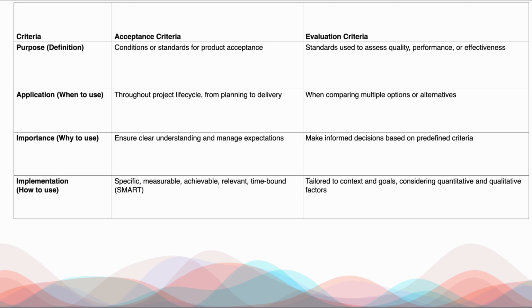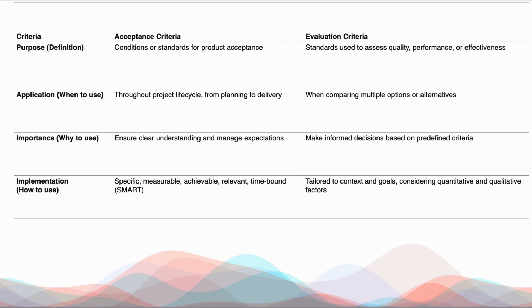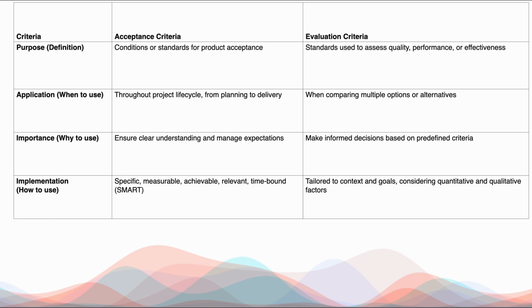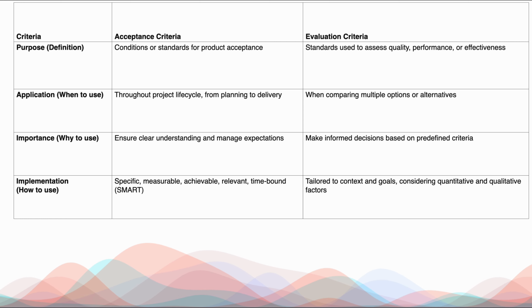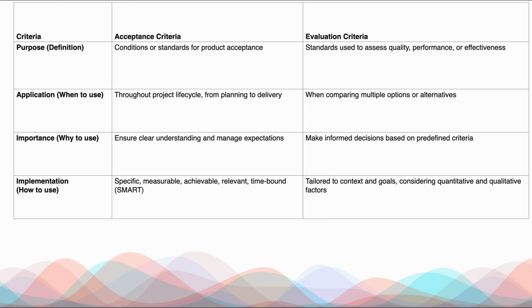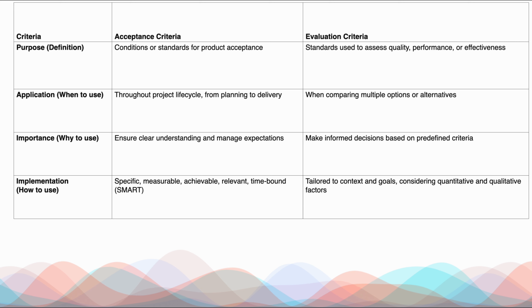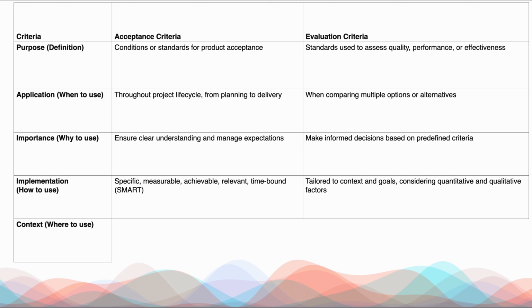Tailored to context and goal, considering qualitative and quantitative factors. What we discussed about quality, performance, effectiveness, goals, and context is nothing but evaluating and giving a particular decision based on what is right and what is wrong for the solution.